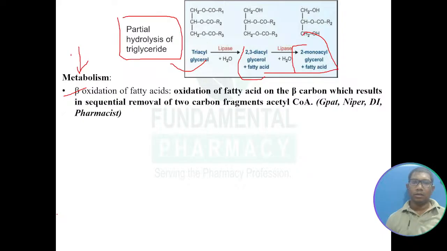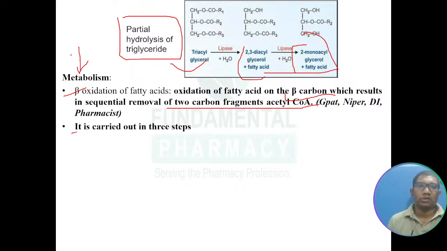Oxidation of fatty acid on a beta carbon atom, which results in the sequential removal of 2 carbon fragments of acetyl CoA. Oxidation of fatty acid on the beta carbon releases the 2 carbon fragments.